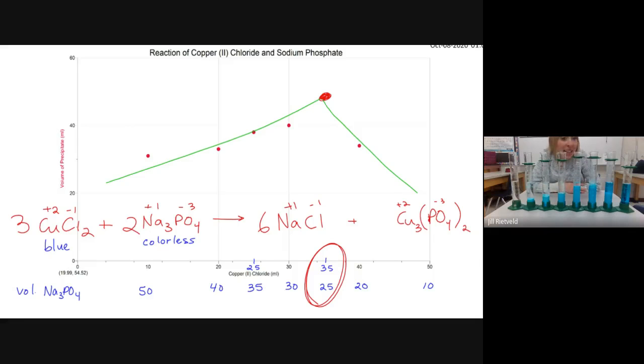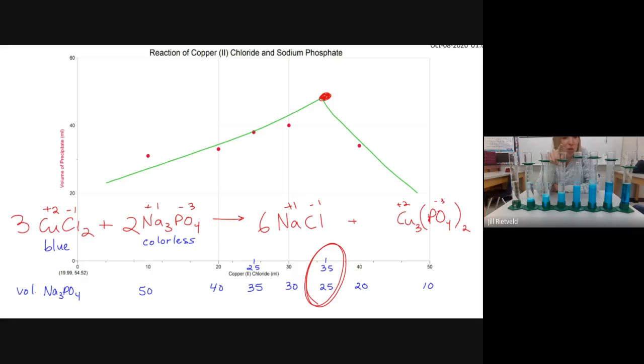Then I just started mixing them. On the graph, they wouldn't let me put in both solutions, so I've got a volume of the copper(II) chloride. One of them, this guy, is 10 milliliters of the copper chloride and 50 milliliters of sodium phosphate. Then this guy was 20 milliliters of copper chloride, 40 milliliters of sodium phosphate.